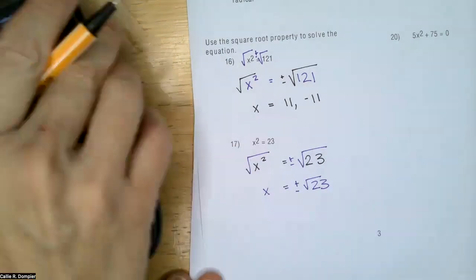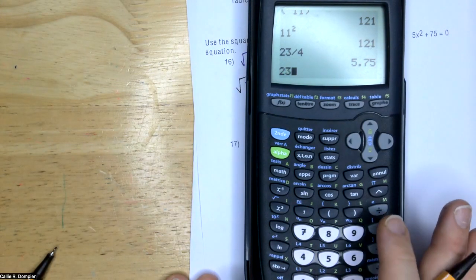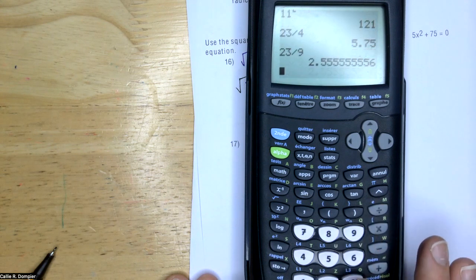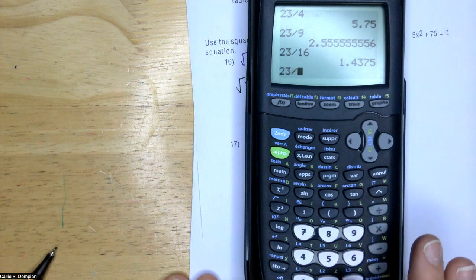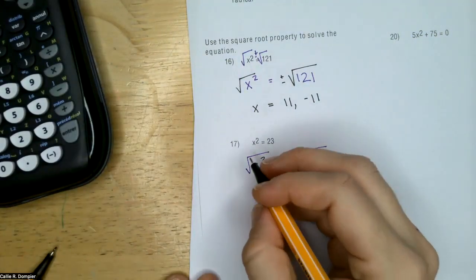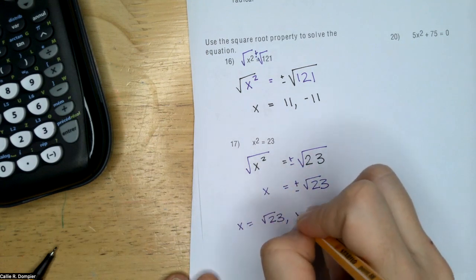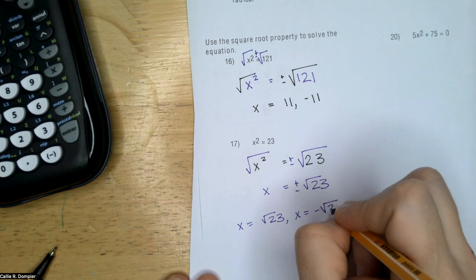Can I divide that by 4? No. Can I divide it by 9? No. Can I divide it by 16? No. Can I divide it by 25? No. Good. So it's just x is square root of 23. X is negative square root of 23.